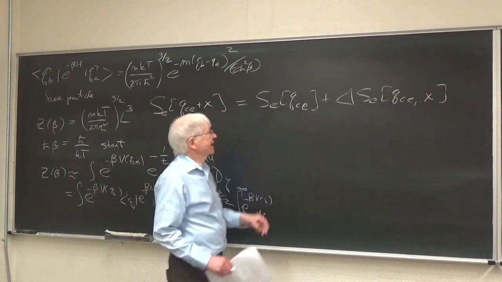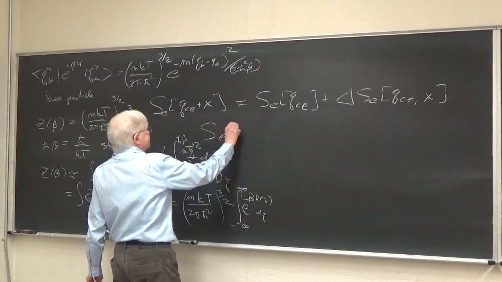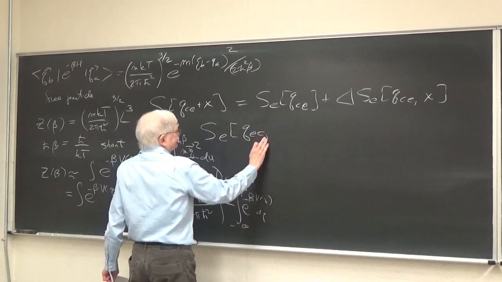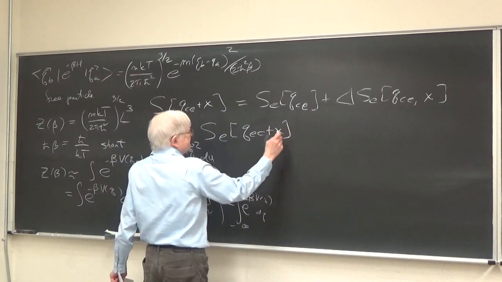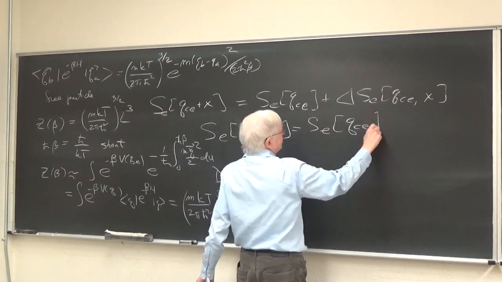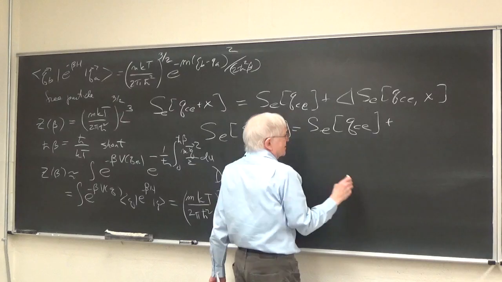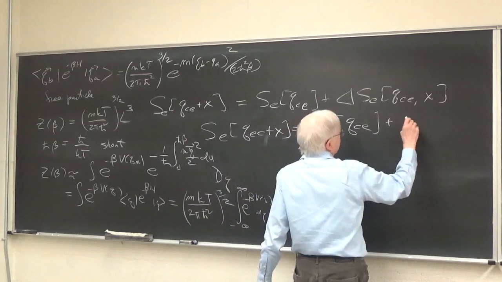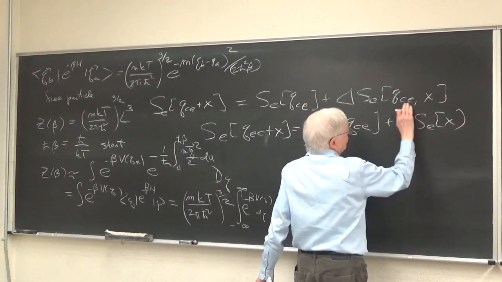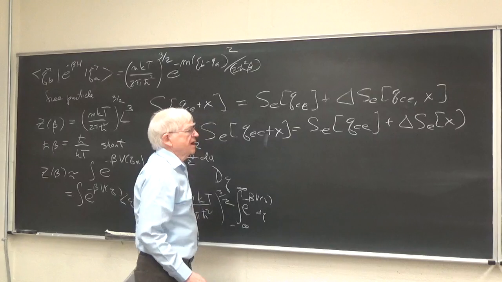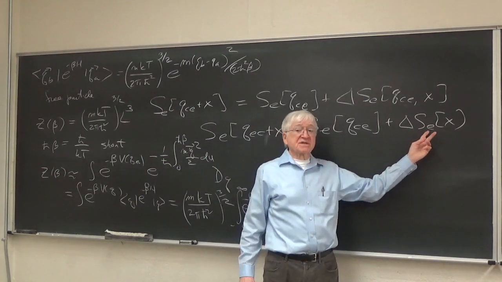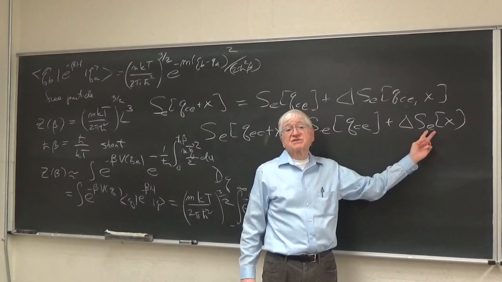When it's quadratic, we can say that S_E of the classical plus x, so this is the arbitrary path, is the Euclidean classical plus something that is an integral involving, well, now it's just S_E of x. There's no longer a Euclidean path in there. And the only reference to the path is the two times, which is to say the two betas.